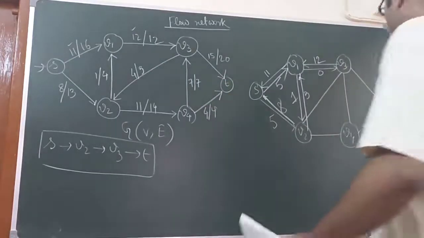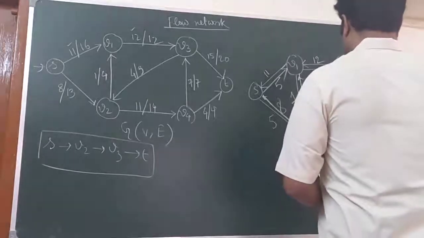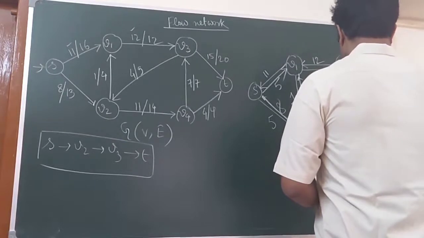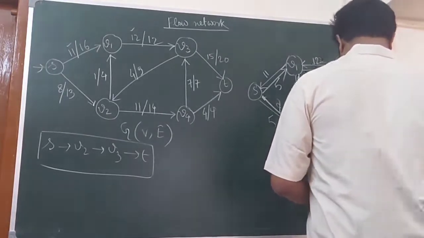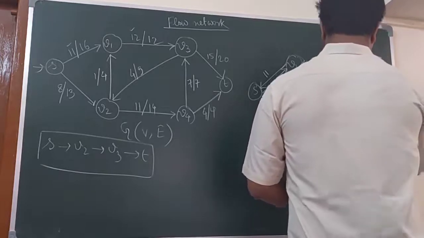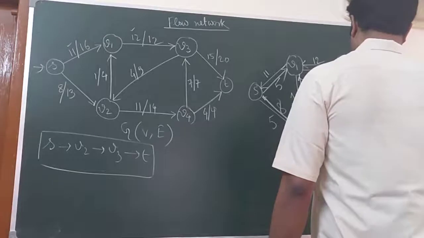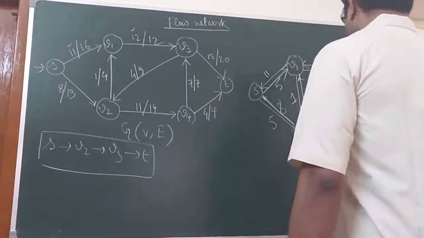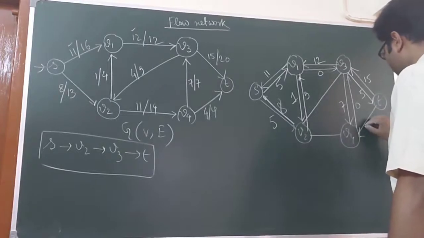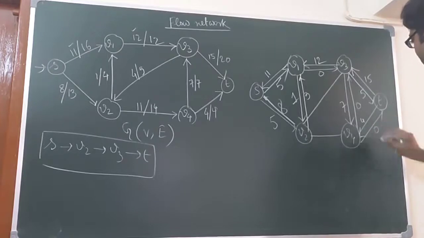So in this way we can construct the graph. From T to V3 the amount is 15, and from V3 to T the amount is 5. Similarly this will be 7 and the amount to be increased is 0. Similarly from T to V4, for cancellation the flow is 4, and we can increase by an amount 0.